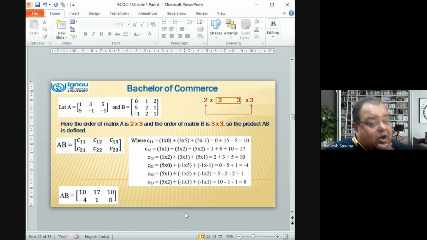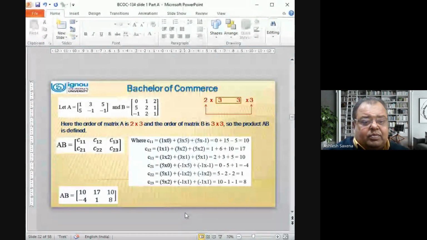And if you have the order, then how will the elements be drawn and written? Can any one of you explain how this multiplication will be performed? The solution, the question is in front of you.